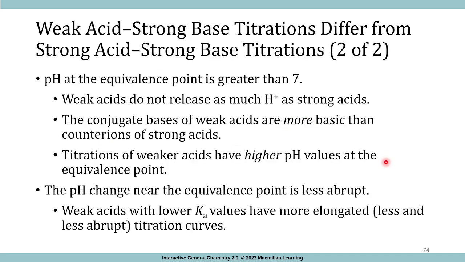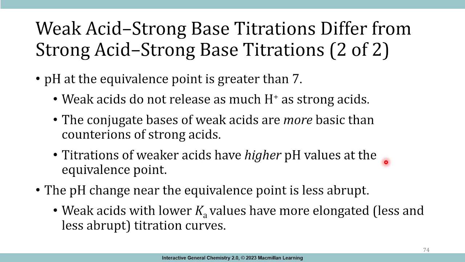Okay, so the pH at the equivalence point always has to be greater than 7, by definition, because when you neutralize a weak acid you are left with a weak base, right? It wouldn't have been a weak acid if that wasn't a weak base. So weak acids do not release as much H plus as your strong acids.